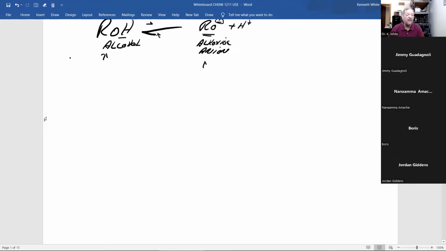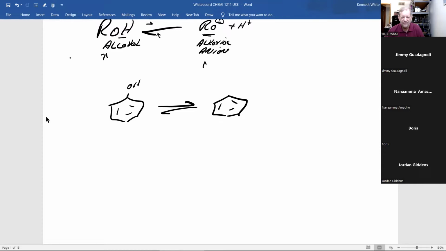Now, it turns out phenol is a stronger acid, which is why I'm drawing the arrows like that. It's time for Dr. White to have some fun, and I will. And you can draw resonance structures.